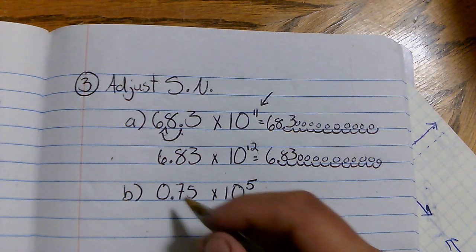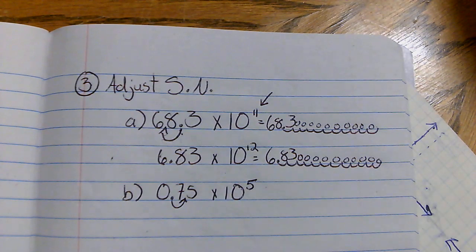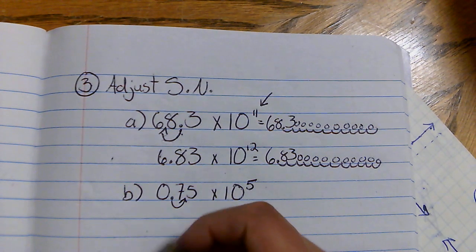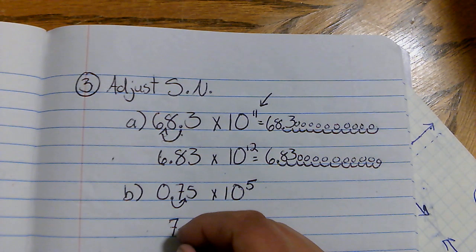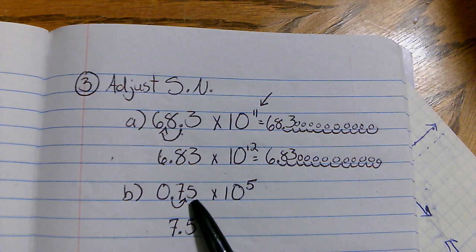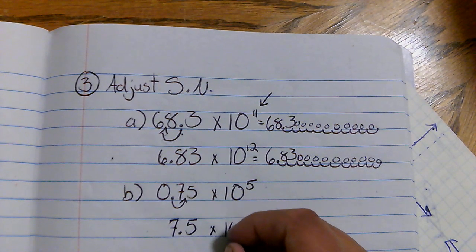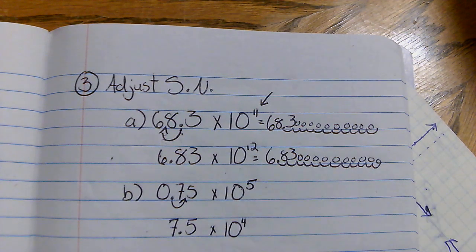So what I'm going to do is move him in between the 7 and the 5. Now he follows the rules. Greater than or equal to 1, but less than 10. Since he had to become bigger, now my exponent has to compensate and become smaller.